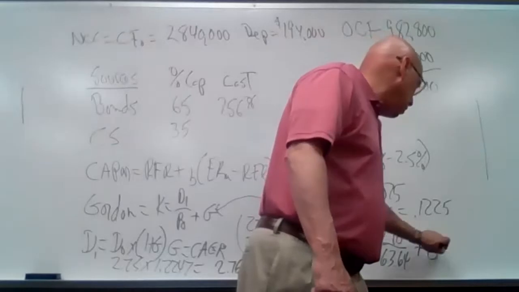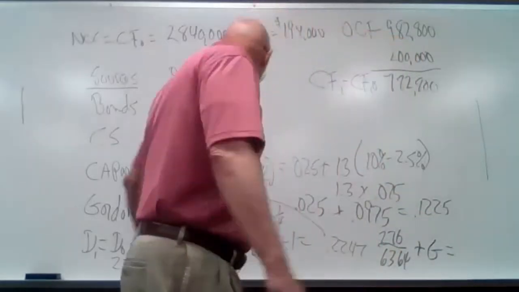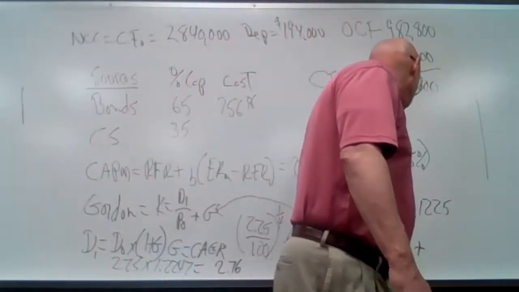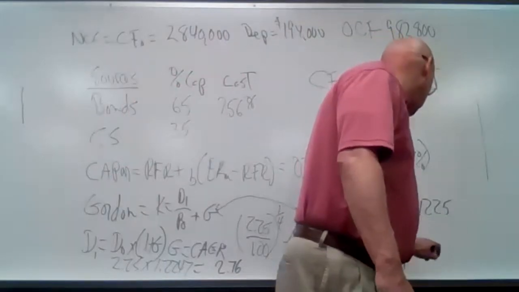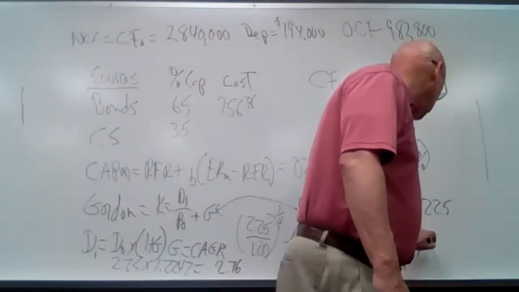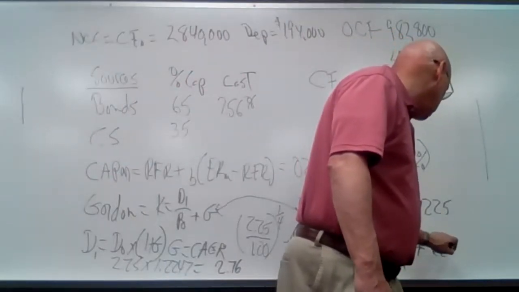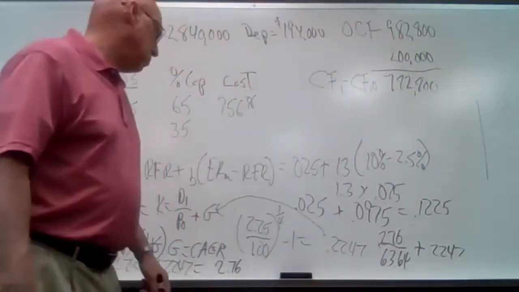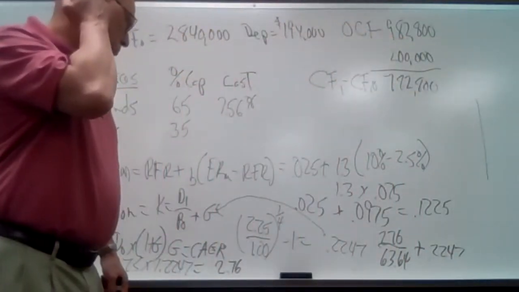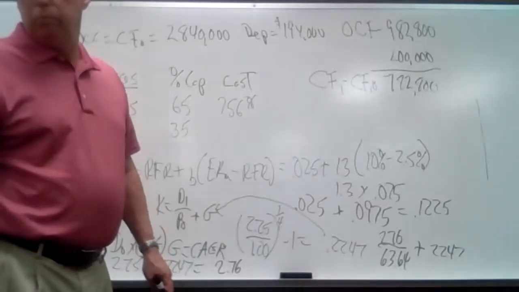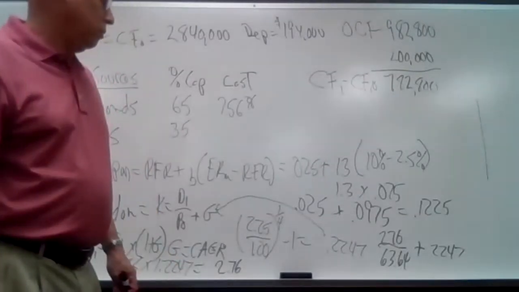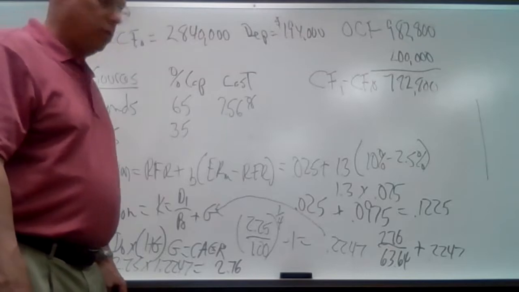Plus g. And g is 0.2247. Okay. So what is that number? The dividend yield plus the CAGR.